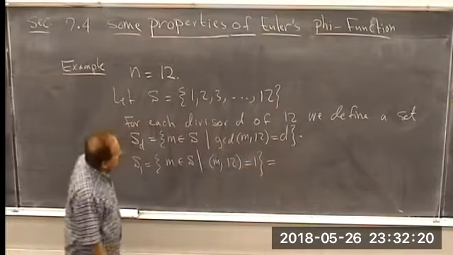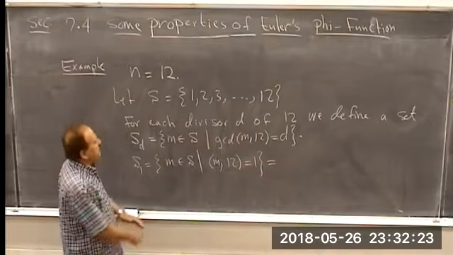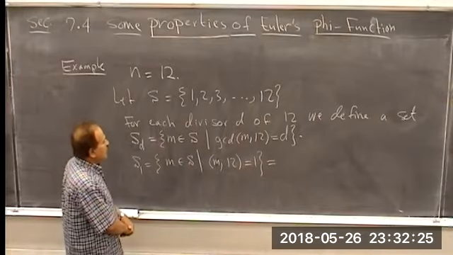So we need to look at integers from 1 that are relatively prime to 12.